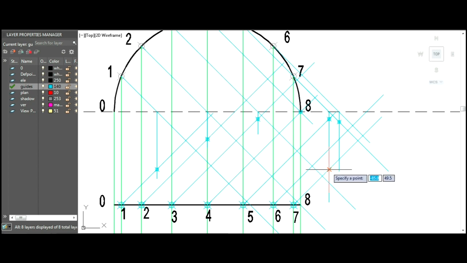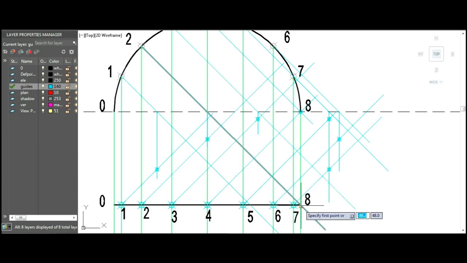Yeah, so this will be 7. So I messed up 6. So this will be 6, right? Light ray coming in from 6, light ray coming in from 6. So this is the intersection. So this is for 7.